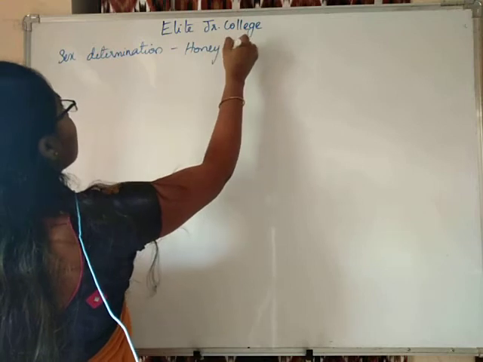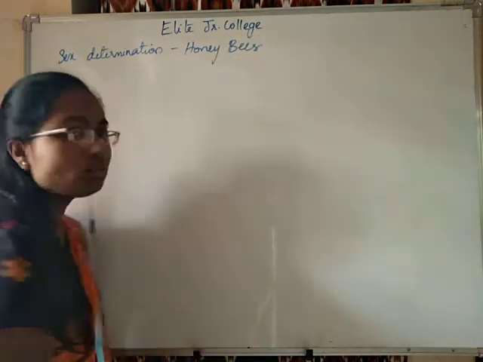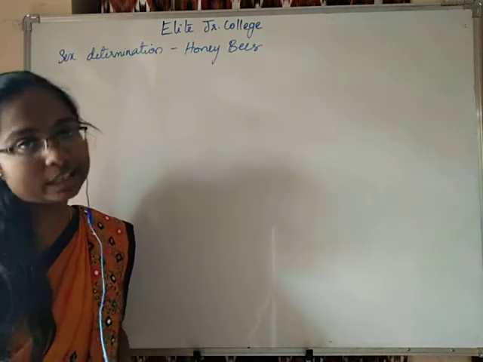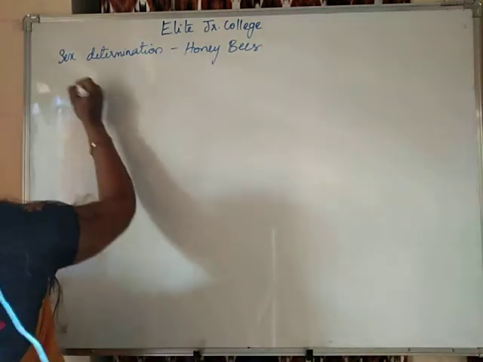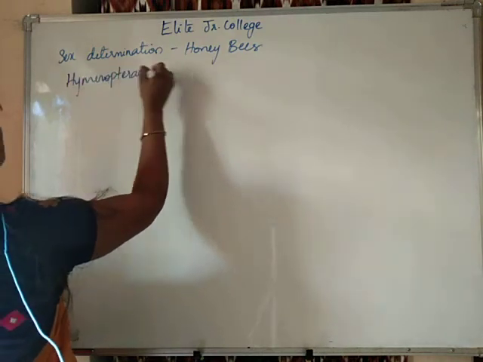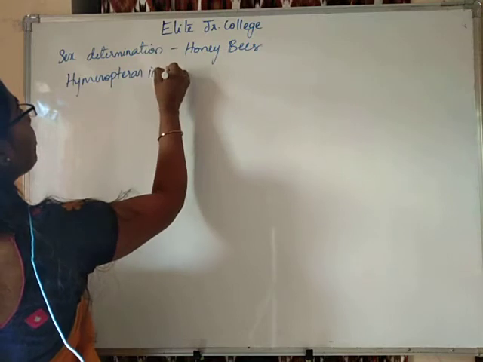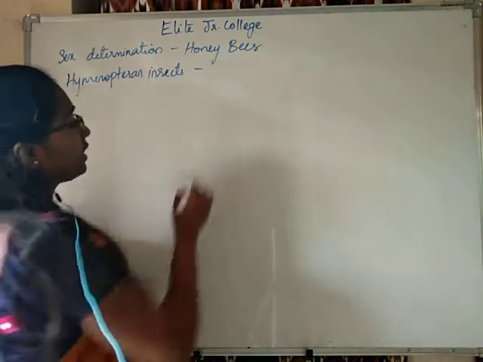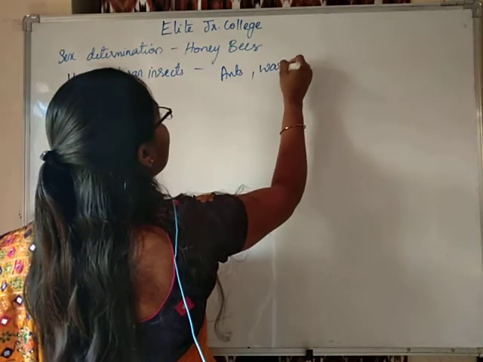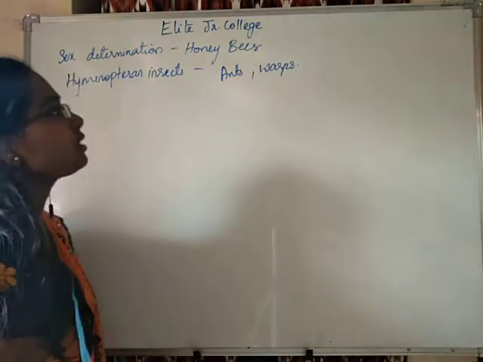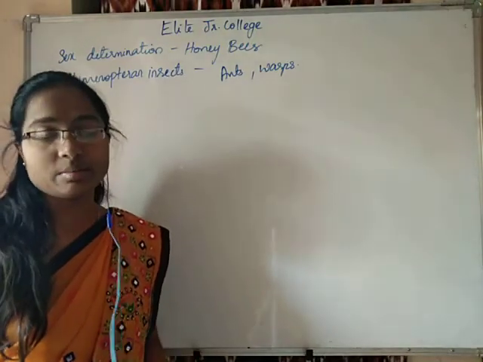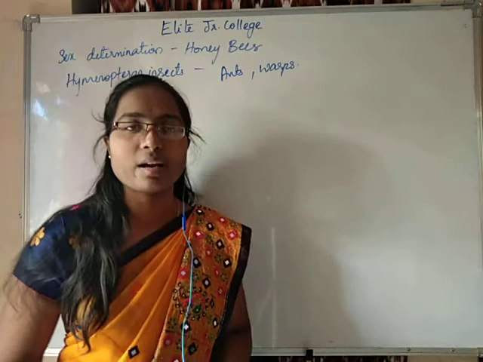Sex determination in honeybees. See students, in case of honeybees and also some other hymenopteran insects, like honeybees, ants and wasps, there is a different kind of sex determination, not the normal one we have seen.